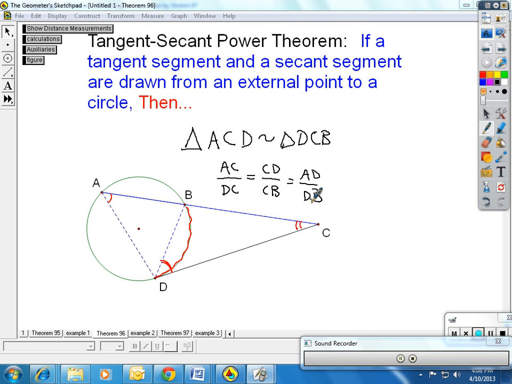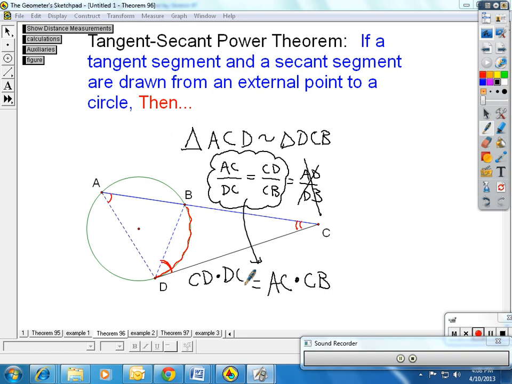So AC over DC, we're going to keep this one here. Let's see, CD over CB. AD over DB is not the one that we're all interested in. So this proportion right there allows me to say, by cross multiplication, AC times CB is equal to CD times DC.